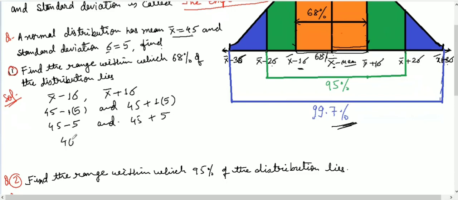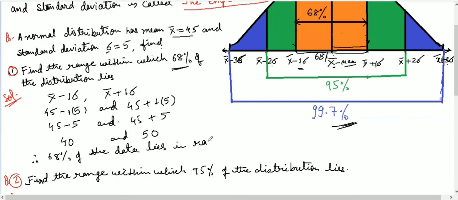So here it will be 40 and here it will be 50. So what will be the answer here? The question is, find the range within which 68% of the distribution lies. So we will write the answer: 68% of the data lies in the range 40 and 50.